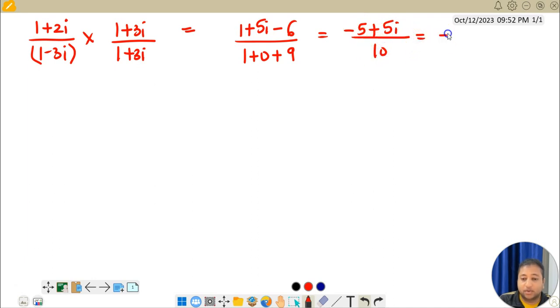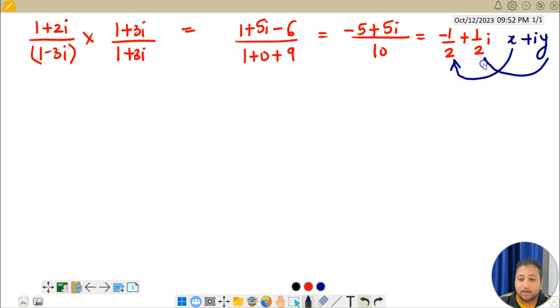That further gives me minus 1 by 2 plus 1 by 2 i. And this is nothing but x plus i into y. So the coefficient x is minus 1 by 2 and y is plus 1 by 2.